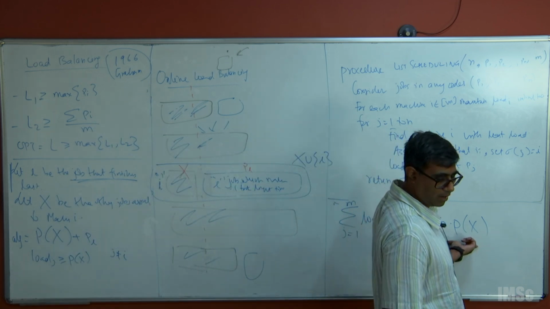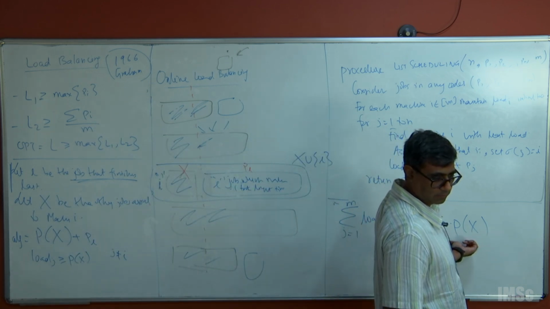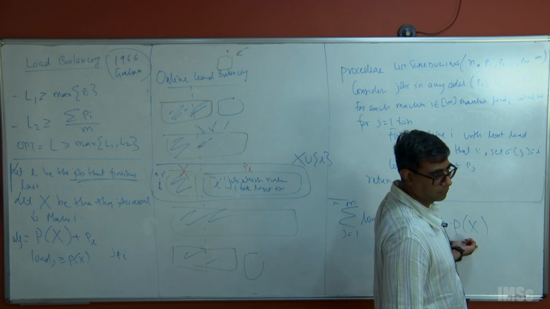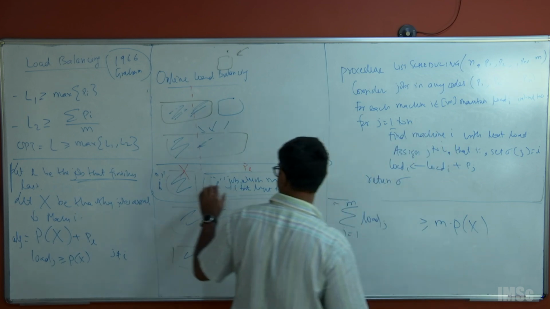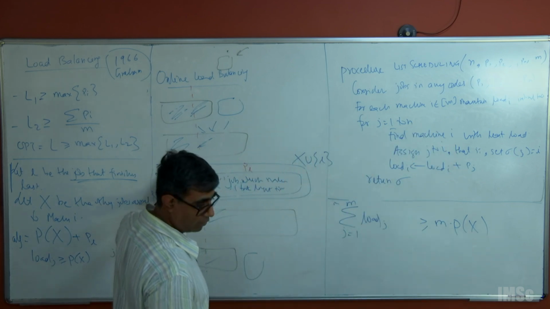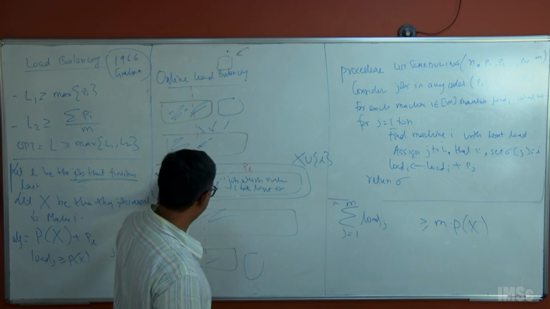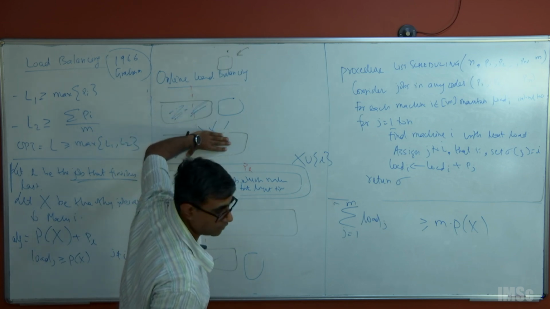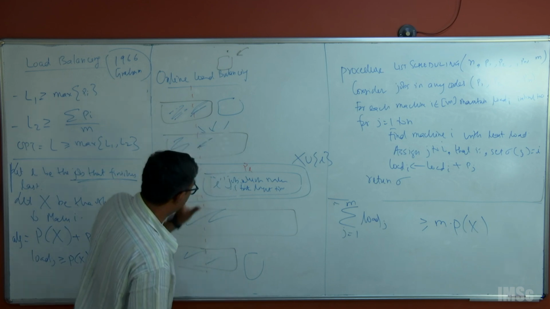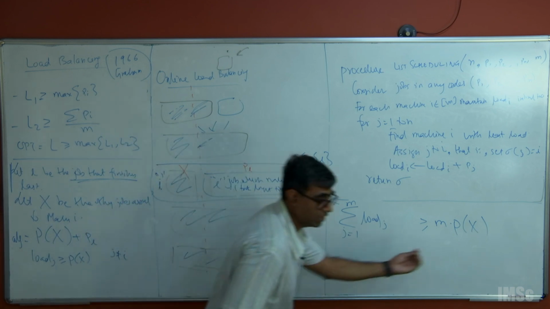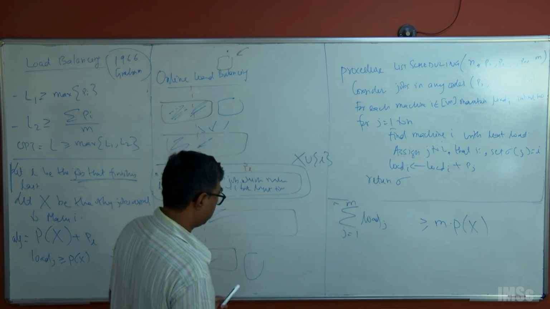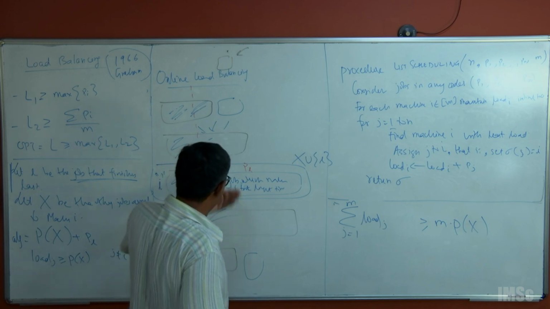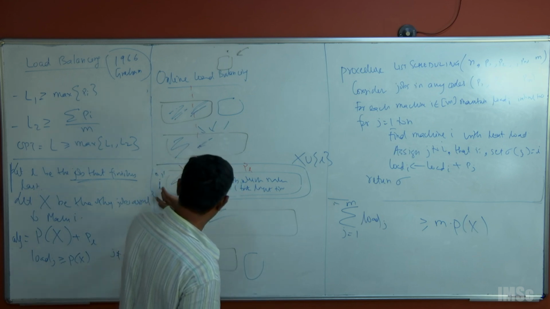But what about the load of i? So if I look at the load of this guy, load of this guy is something, but actually here we can save something. This is definitely correct, right? Because the ith is also p of x plus something.